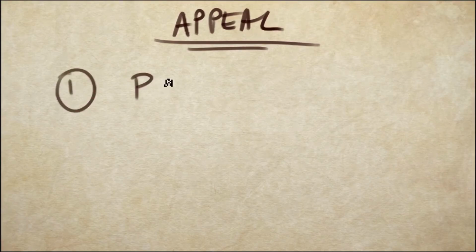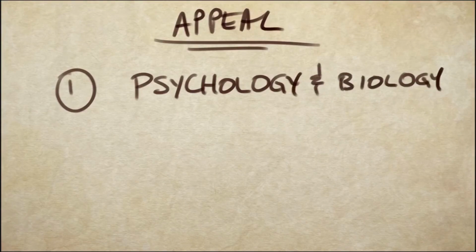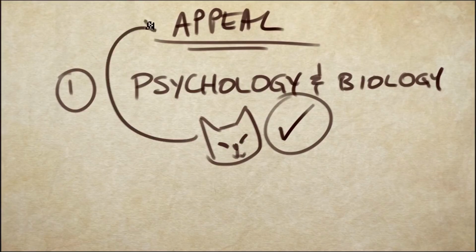And I feel like the two ways of getting appeal, one is psychology. And this includes biology, I guess. Because basically, you create subject matter that appeals to someone's psyche, whether that is certain things the person likes. For instance, you might draw a cat, and the person likes cats, and they're like, hey, cool, it's a cat. So this is appealing to me because it is a cat.